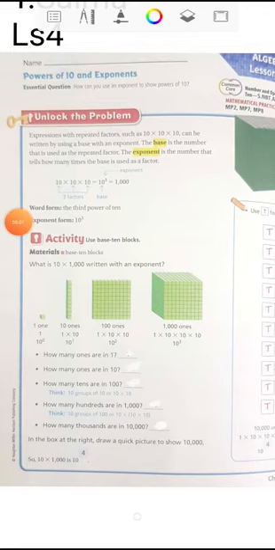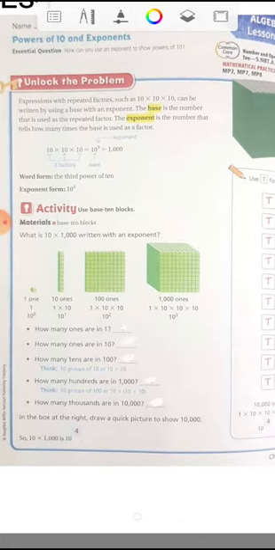Now let's take a look at the base 10 blocks and make a relation between base 10 blocks and exponent form or powers of 10. So you remember the ones digit, right?